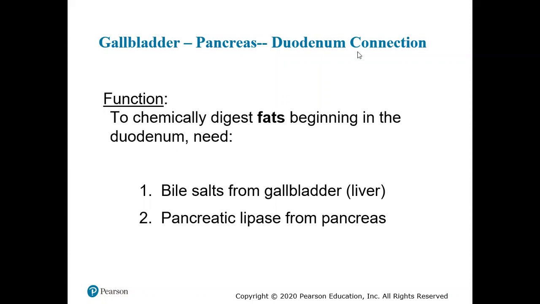So we are getting a little ahead of ourselves as far as digestion, but to digest fats, we need to break them apart using lipase, and then we need to emulsify them using bile salts. So in order to digest fats, we're going to need both bile salts as well as lipase.